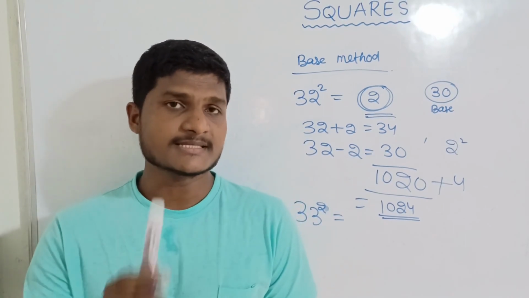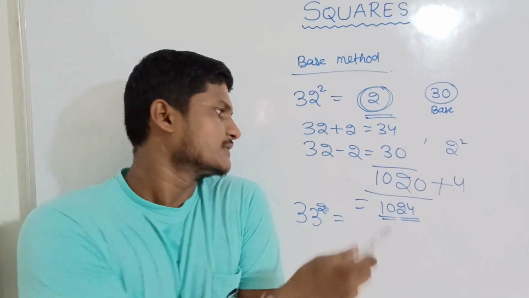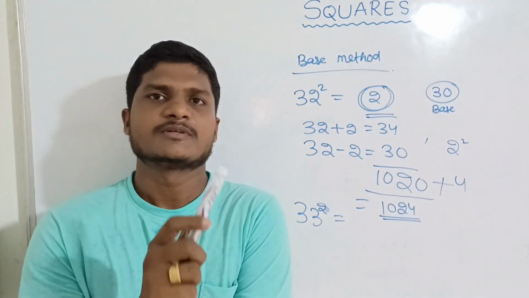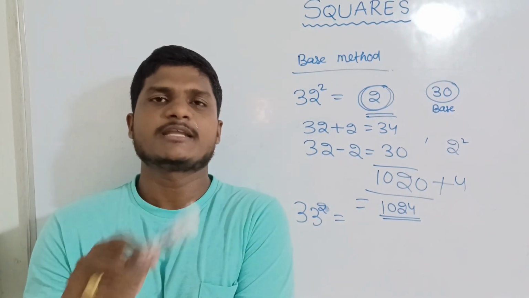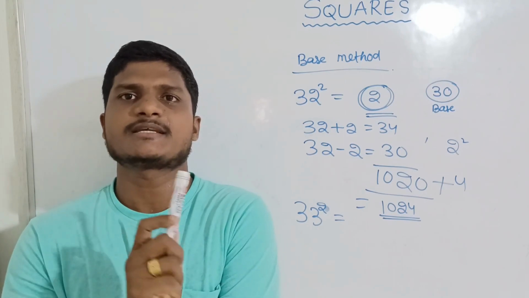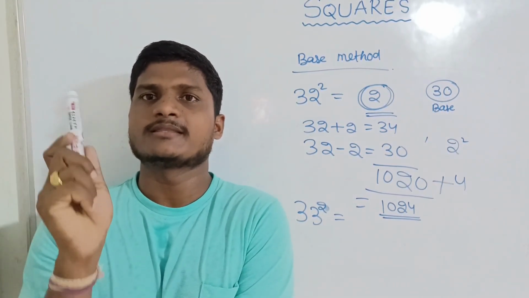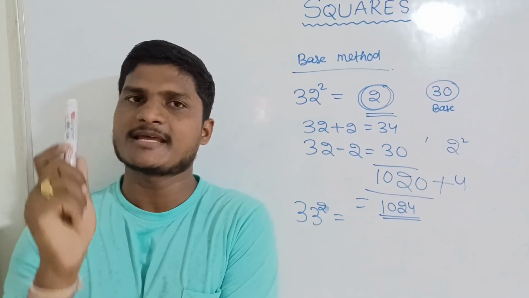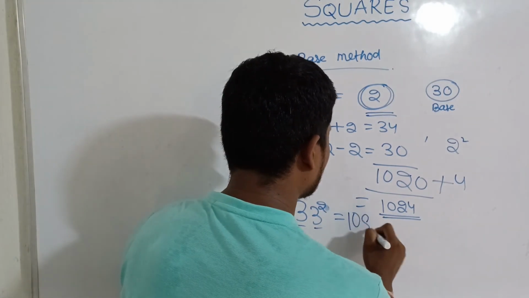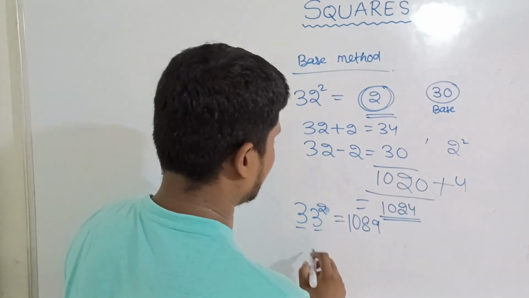And in the second step, subtract 3 units from 33, that means 30. So 30 multiplied by 36 is 1080. 1080 plus 3 square, 9, so 1080 plus 9 is 1089. What is the square of 33? 1089.